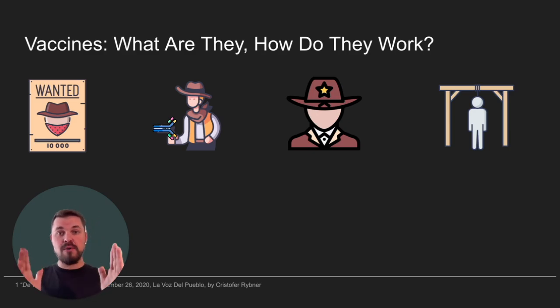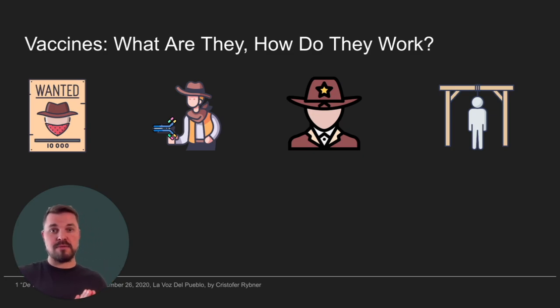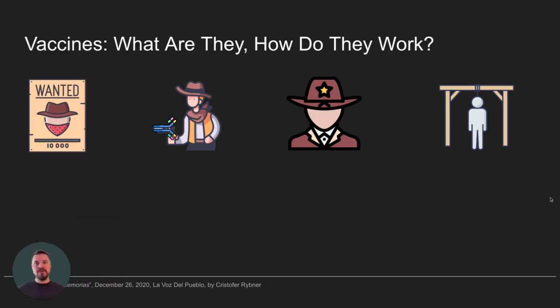So if a cowboy would actually come across this bad guy and recognize him from the picture, he could capture the criminal and actually call the sheriff. And the sheriff would come and probably hang the bad guy, or at least punish him, put him in jail. That is very similar actually to what happens in our immune system.